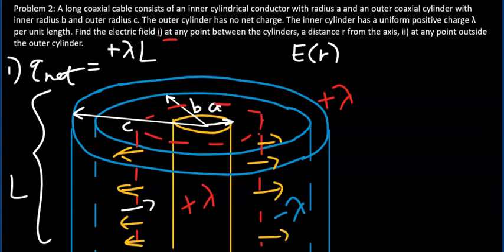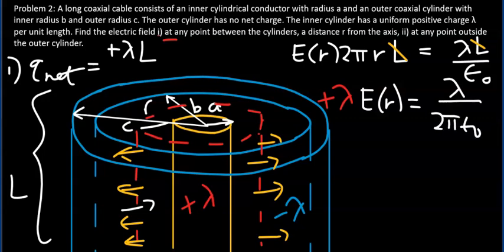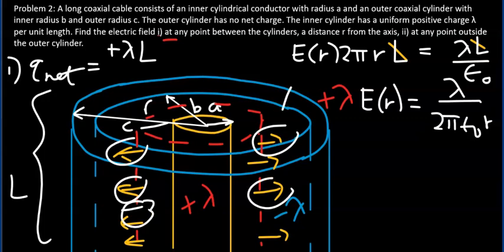The area of the curved surface of a cylinder is given by 2 pi r, where r is the radius of that cylinder, times the length of the cylinder, equals the net charge. Now we know it's lambda L over epsilon naught. So this is Gauss's law that we are applying. We see that L goes away, and we can solve for the electric field in that region. It will be lambda over 2 pi epsilon naught r. The direction of the electric field is outward from the middle cylinder within that region.